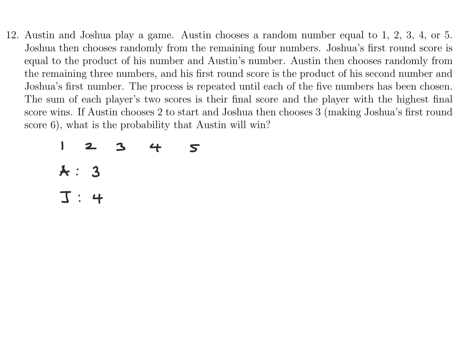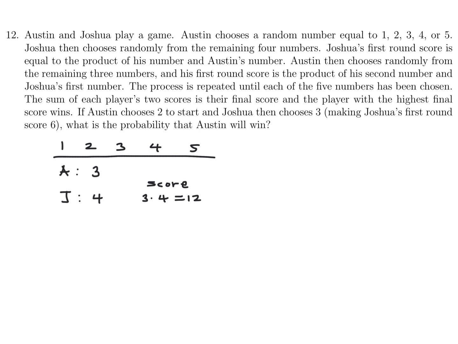So the score is the sum of the previous 2. The first round score is the product of his second number and Joshua's first number. So the score here would be 3 times 4, which is 12.